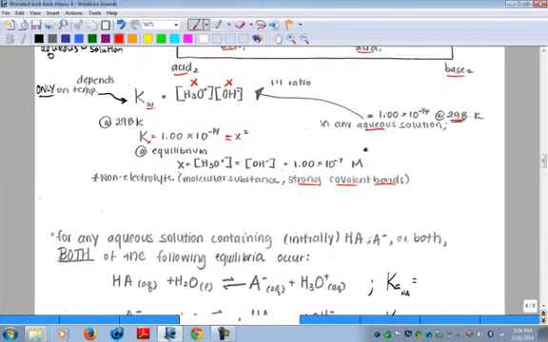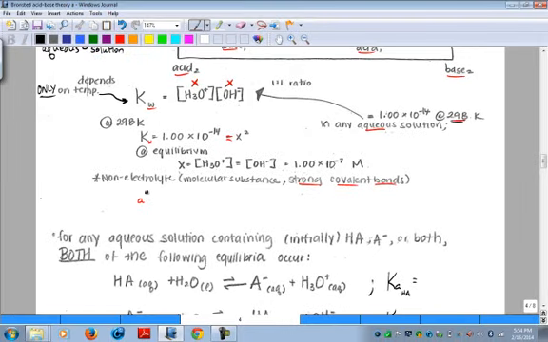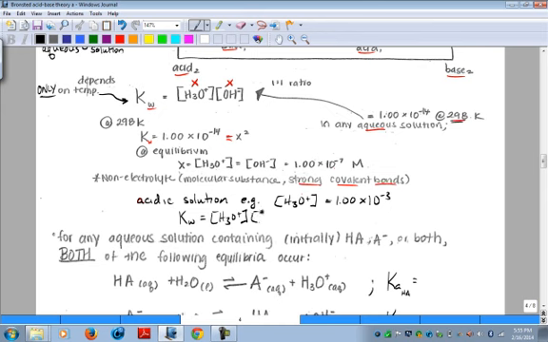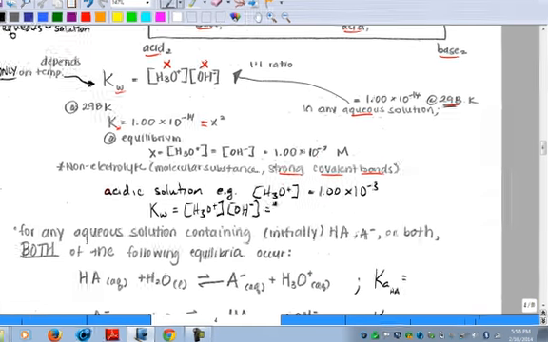On the other hand, in any acidic solution, there will be relatively a greater concentration of hydronium cations than hydroxide anions. So for example, if in an acidic solution the concentration of hydronium at equilibrium is, let's say, 10 to the minus 3 molar, then the concentration of hydroxide you could figure out just by writing the equilibrium constant expression for water, because these are aqueous solutions, and plugging in the given value.